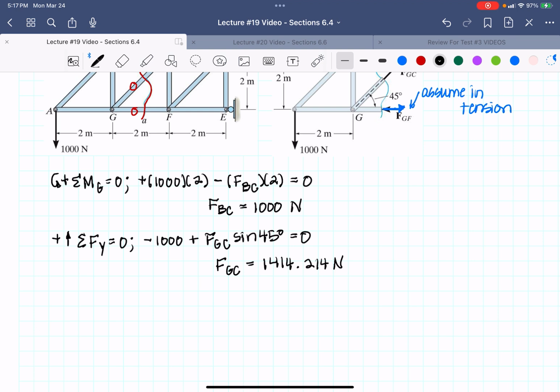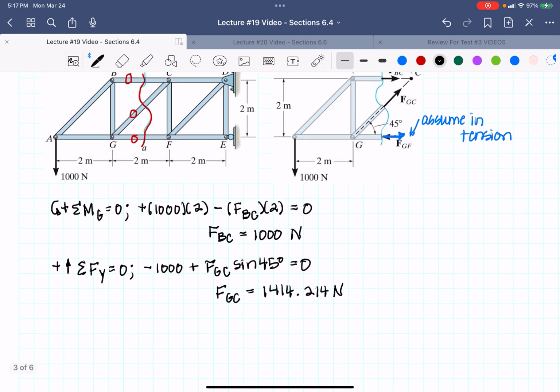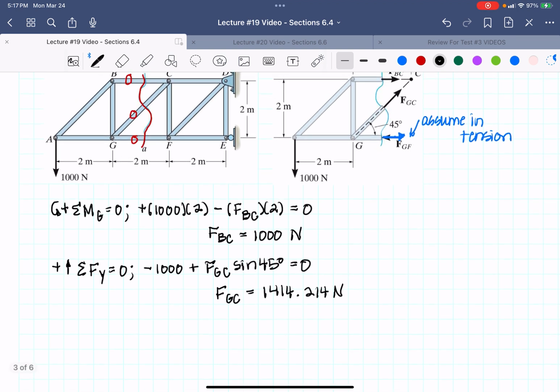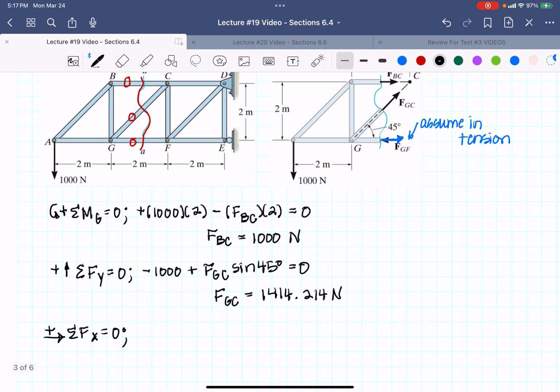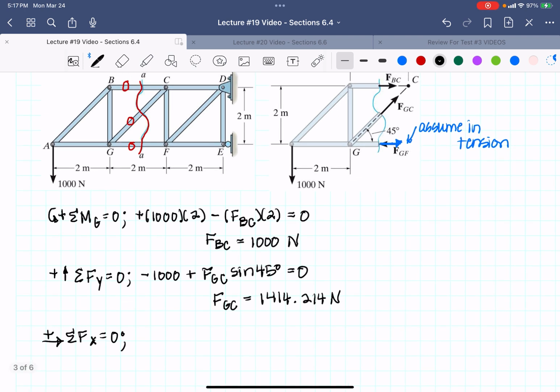All right. So now I'm going to finish up, and I'm going to do the sum of the forces in the X direction so I can solve for my last force that I don't know. And I'm going to have FBC is positive 1,000. I'm going to have the component of FGC, which is also positive, 1414.214 times the cosine of 45 degrees.